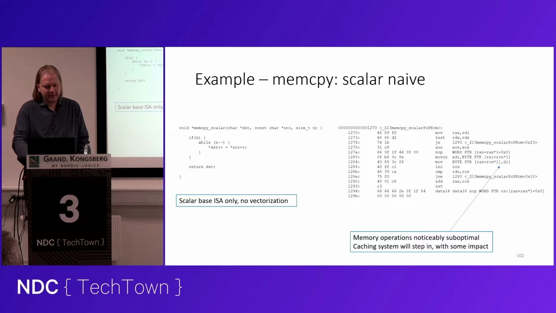Let's take a look at a very naive way, right? We just do a byte copy, not efficient from a resource availability perspective. The machine will do certain things to try to optimize at least the memory operation. For example, if you are copying a 16-byte buffer with this implementation, there won't be 16 memory operations.